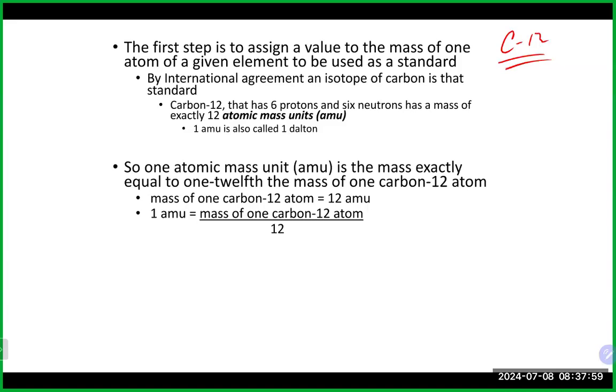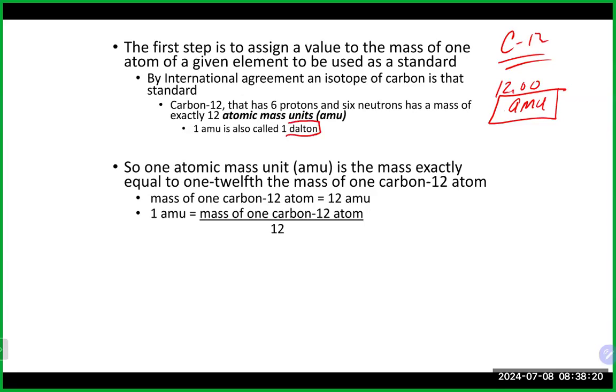Carbon 12 isotope has 6 protons, also has 6 neutrons, and it has a mass of exactly 12.0 AMU. And AMU is a unit of atomic mass. It stands for atomic mass units. Not too many people these days use the Dalton.